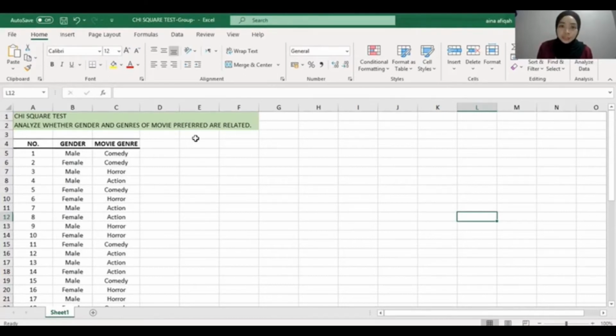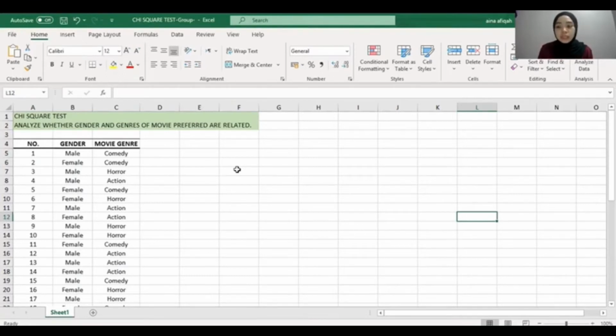Now we will share with you an example of the chi-square test. The question is, analyze whether gender and genre of movie preferred are related. So assume that we collected data from every customer who came to the cinema. We recorded what gender they are, and also what genre of movie they had chosen to watch.